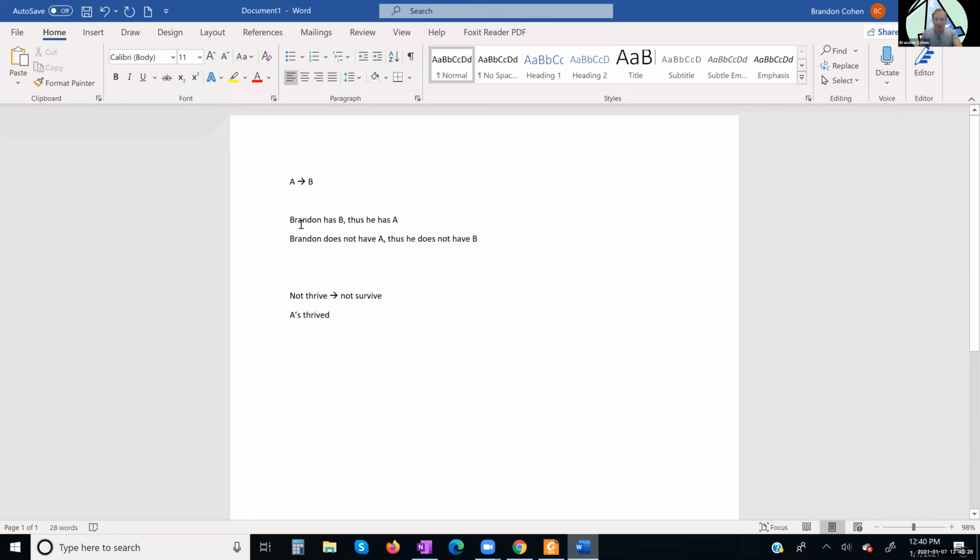I'm going to highlight here: this answer choice is equal to treating a necessary as if it were sufficient, where this one is treating a sufficient as if it were necessary.